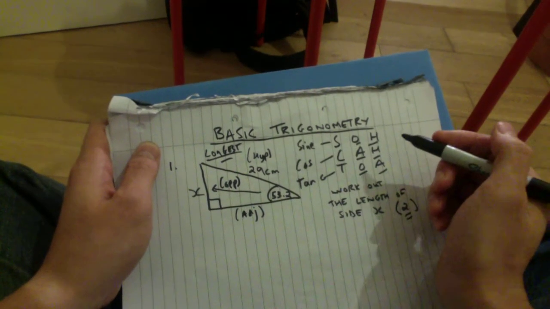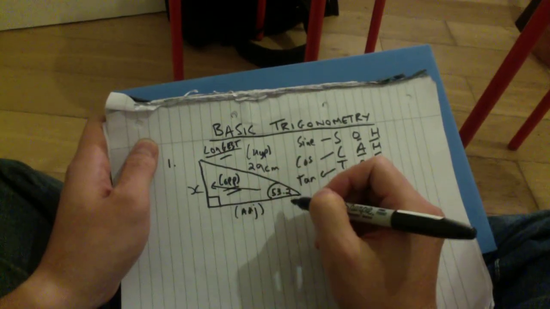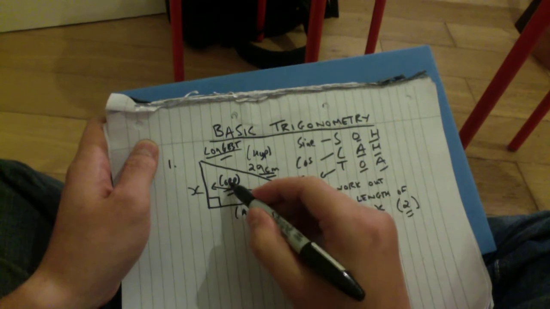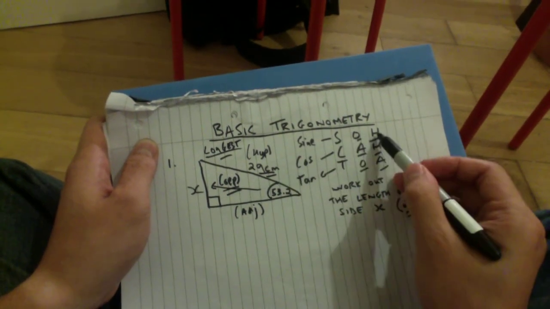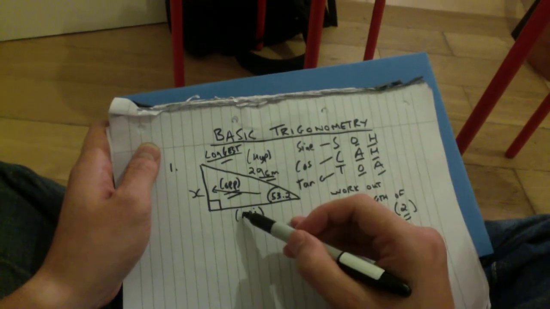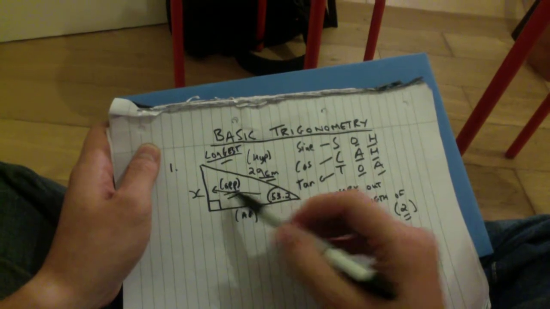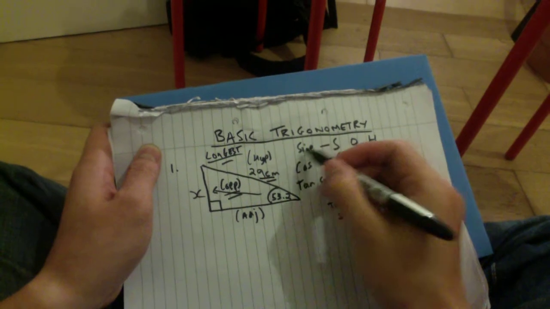Okay, so we're trying to work out the opposite, and we've got the value for the hypotenuse. So we've got the opposite and the hypotenuse. Cos would be wrong because it's adjacent over hypotenuse. We don't have a value for adjacent. Tan would be wrong because, yes, we've got opposite, but we don't have the value for adjacent as well. Okay, so it's sine.